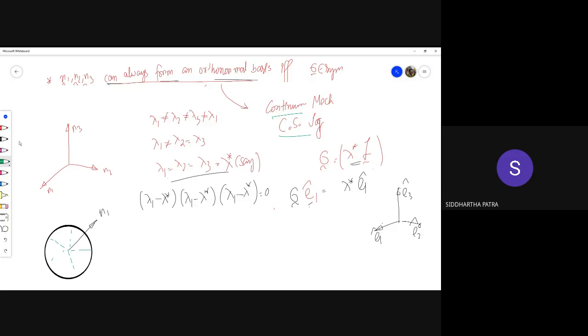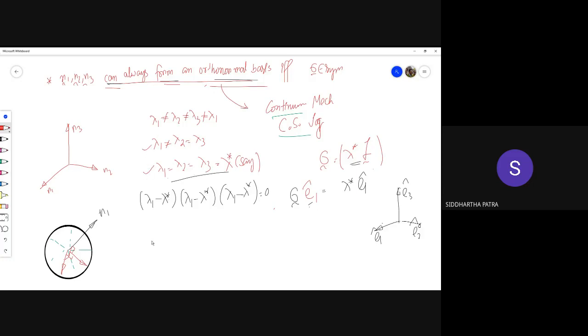And because any vector is an eigenvector, I can choose two orthogonal vectors on that plane, thereby making each of the eigenvectors orthogonal to one another. And therefore again I can form an orthonormal basis out of this system.